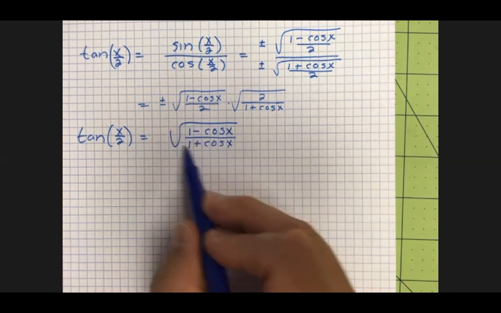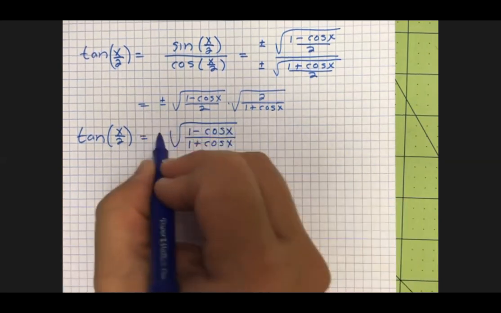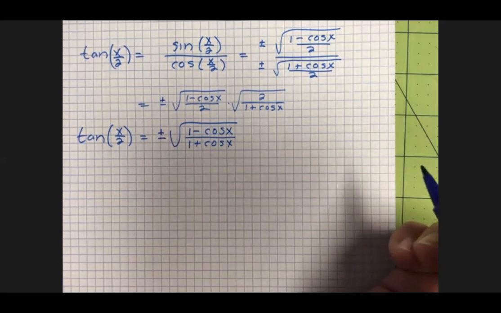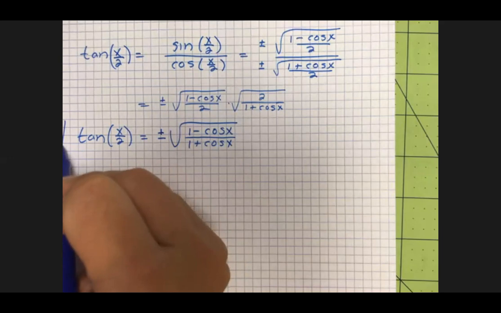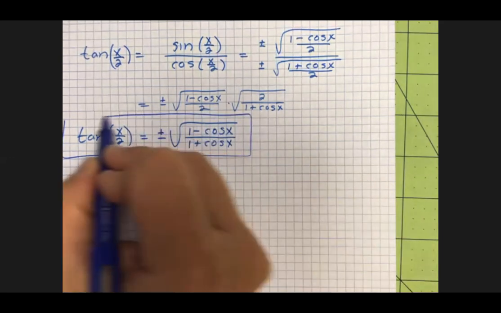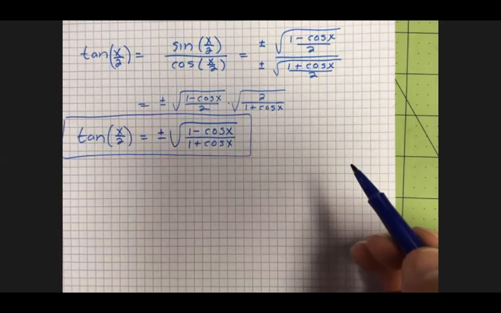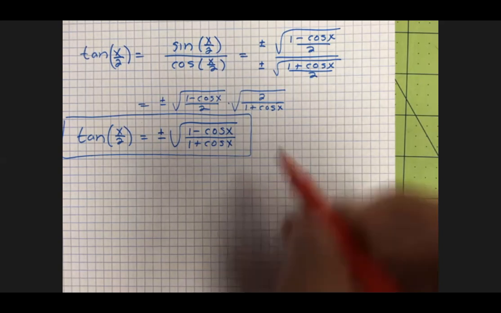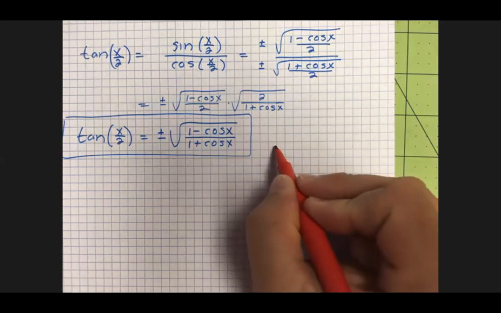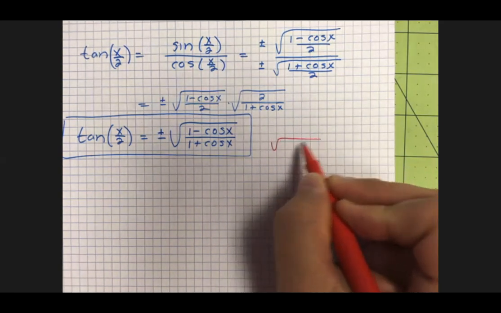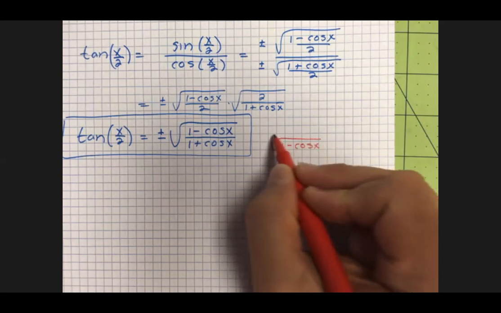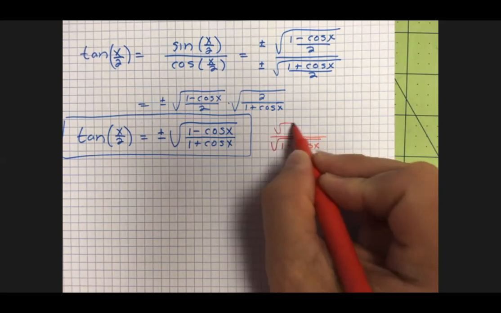But since this is always a positive number, again, I have to choose the plus or minus from a drawing. So this is 1 of the half angle for tangent. But I could give you 2 more useful forms by multiplying top and bottom by 1 minus cos x rooted, or 1 plus cos x rooted.